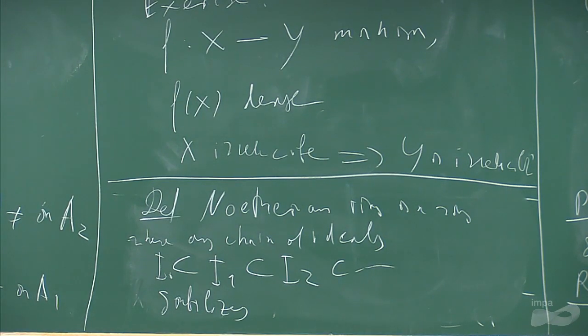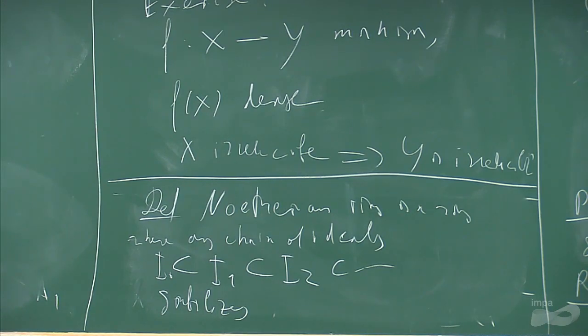If you try to do the converse, this will be false. So if you have I1 containing I2, containing I3, you can have infinite chains.